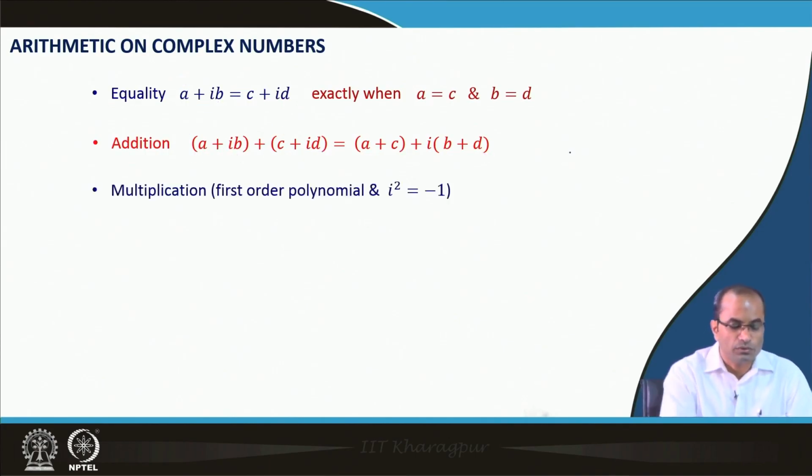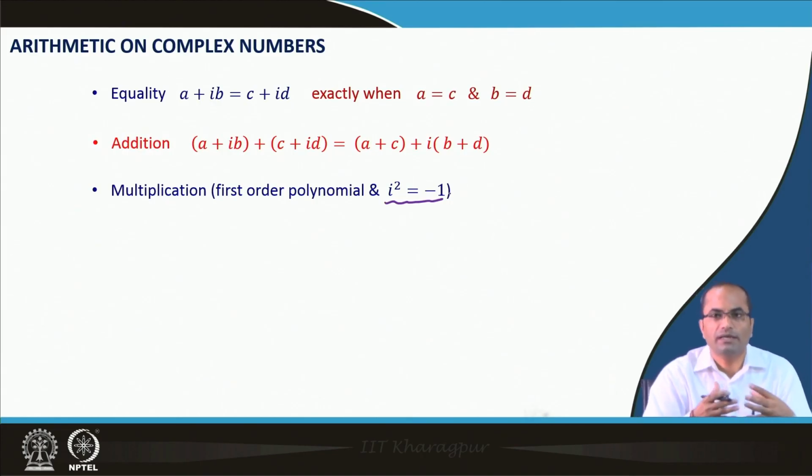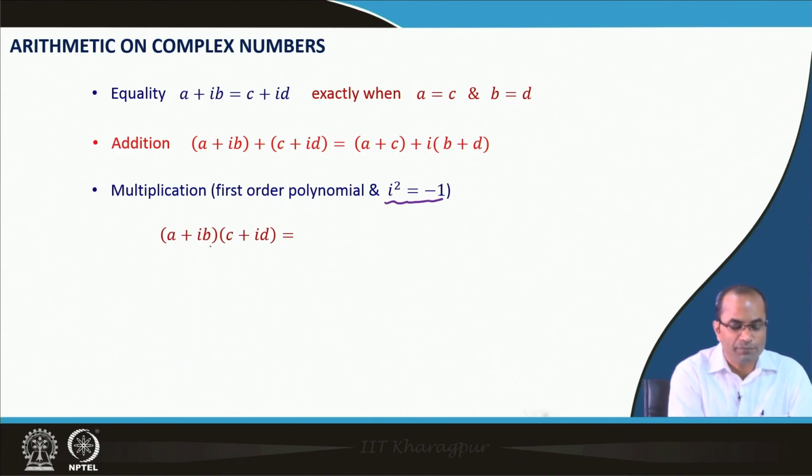Coming back to the multiplication, we have to just consider that i squared is equal to minus 1, and we will go with the product as we do for polynomials. That means, if we want to multiply a plus i b and c plus i d, we will do the usual multiplication as in the case of polynomials.